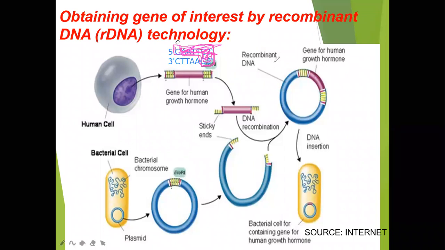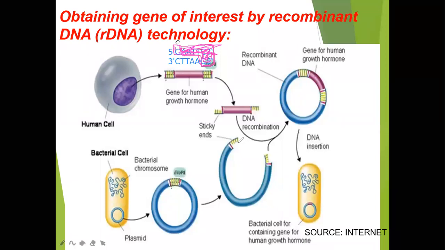From human DNA, we isolate the growth hormone gene and we introduce it with the help of which enzyme? What is the name of the enzyme which is going to ligate? Manvi, give me the answer. Ligase. Very good.